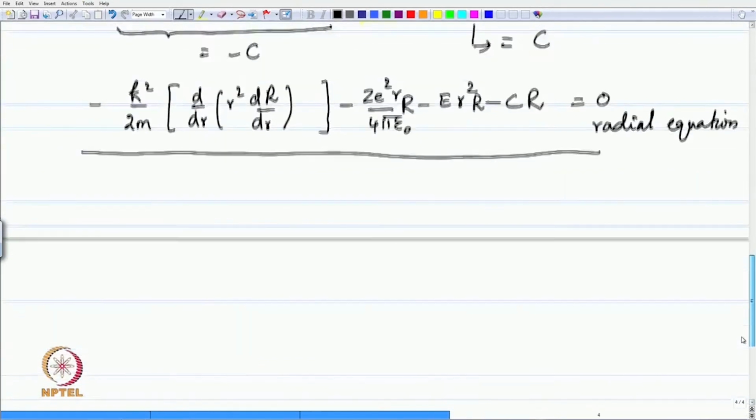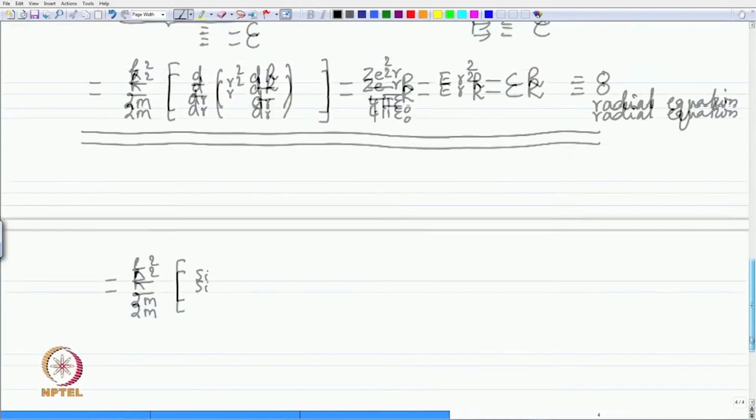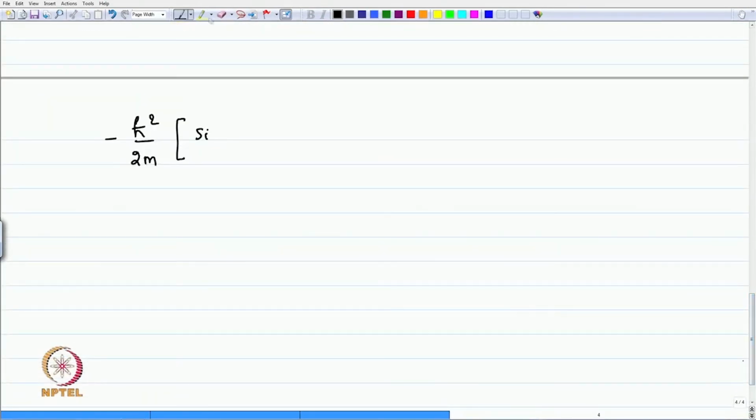And the angular equation will be whatever is left over, namely minus h bar square by 2m, 1 by sin theta d by d theta of sin theta d theta by d theta, plus 1 by sin square theta.